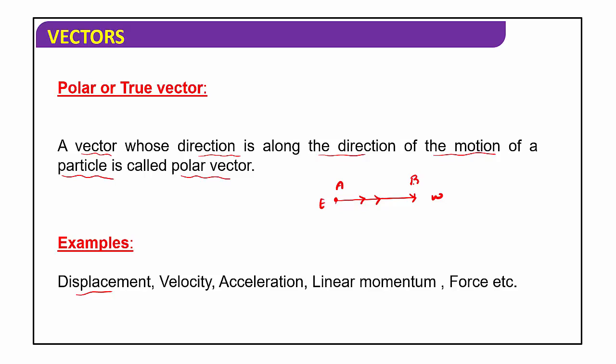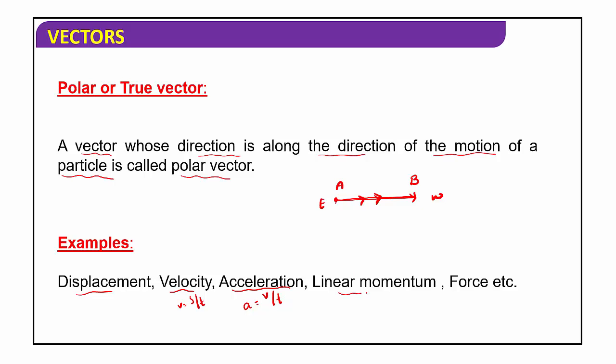Let us consider A to B. Displacement is a true vector or polar vector because its direction is along the direction of motion of the object. Similarly, velocity, because velocity is the rate of change of displacement. Similarly, what is acceleration? Acceleration is the rate of change of velocity. So these are some examples of true or polar vectors.